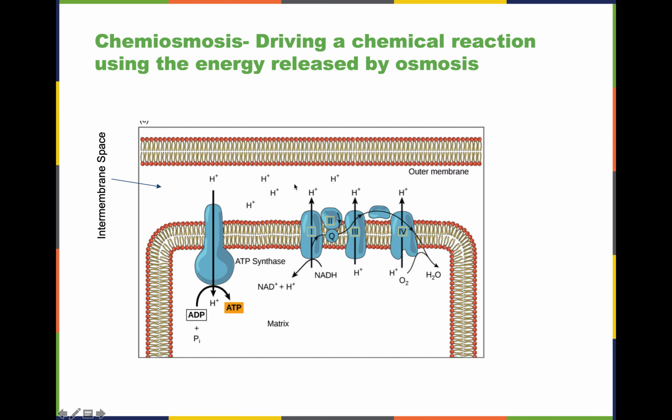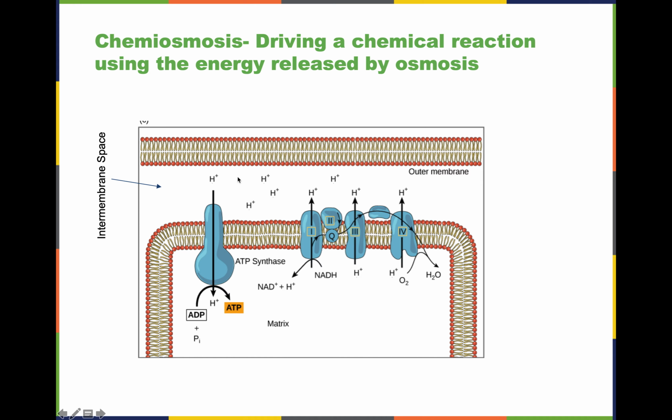You can think of this as a water dam. A water dam stores a lot of water, and then if you allow the water molecules to go back down into a place where they're less concentrated, a lot of energy is released. So in the intermembrane space, there is a buildup of these hydrogen ions, and they say, hey, there's an opening here, I think I'm going to go back.